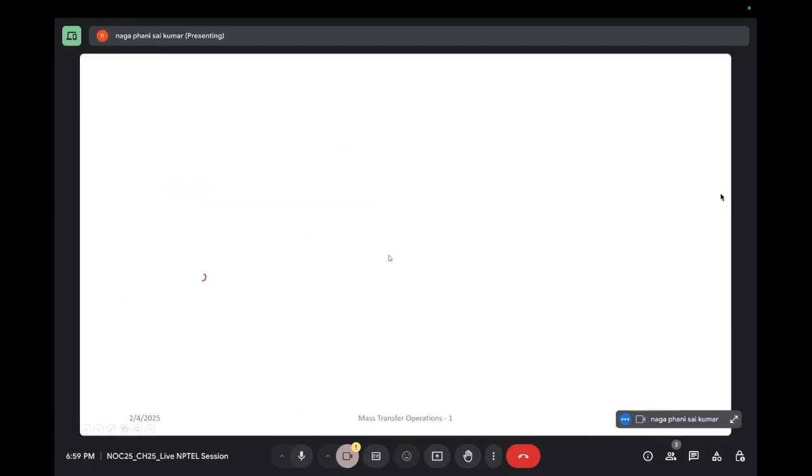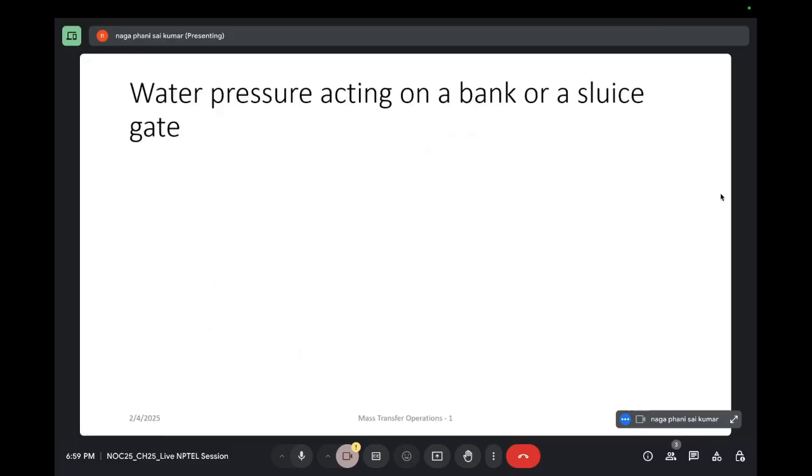Okay. So now coming to the next concept: water pressure acting on a bank or gate. So when you're designing a dam gate, or let's say we already have a dam gate, this is theta angle. When you're storing water, there will be pressure acting on this dam wall, right? It will be acting perpendicular to the dam surface.